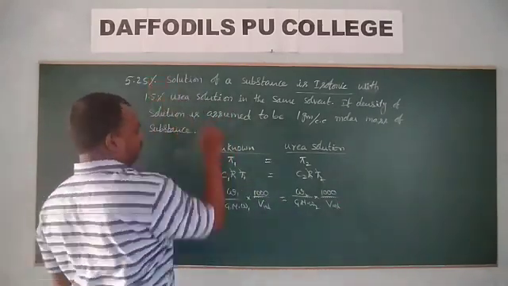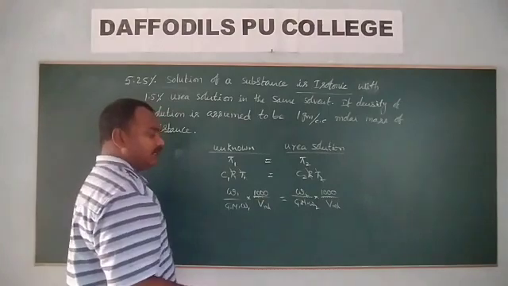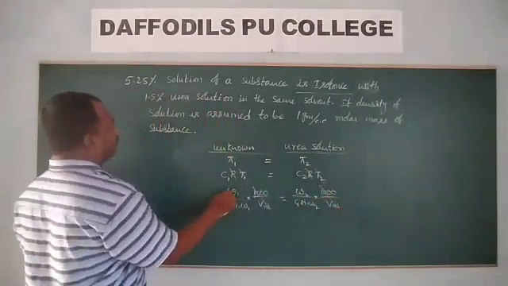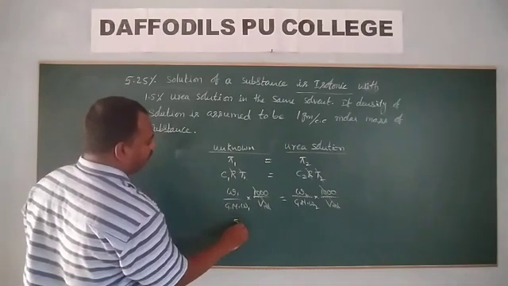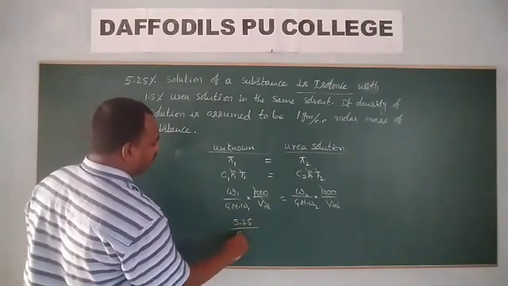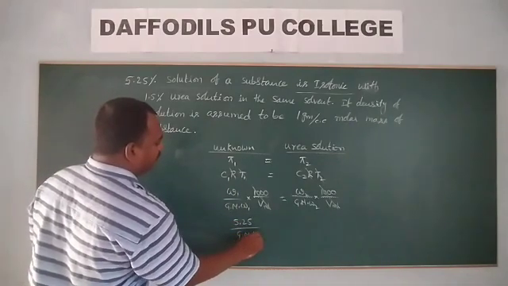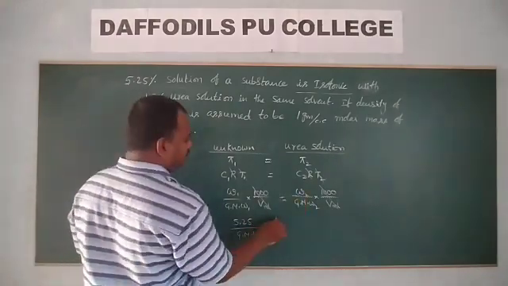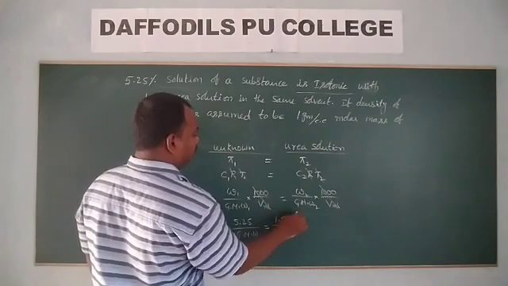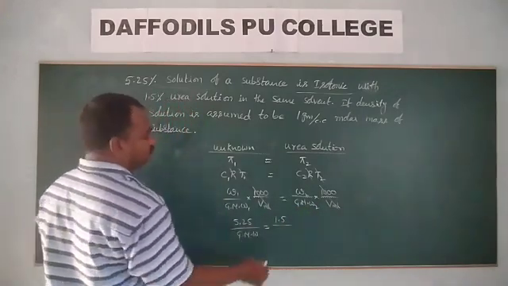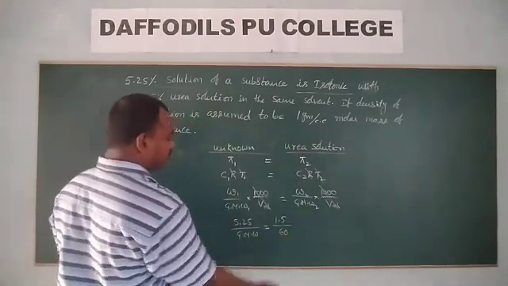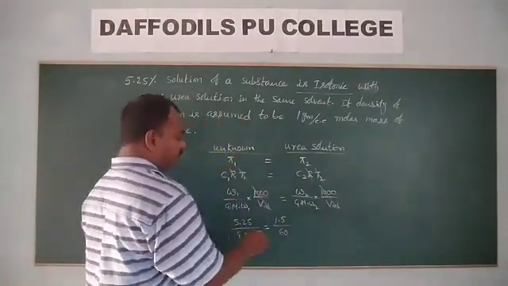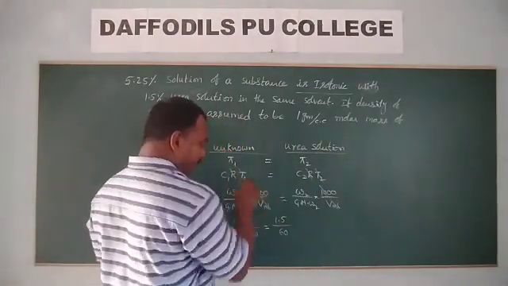So here percentages are given, so V becomes 100. So this one gets cancelled. Weight 5.25 by gram molar mass equals, this is the weight of this one, 1.5 by gram molecular weight of urea, 60. So cross multiply all these things.